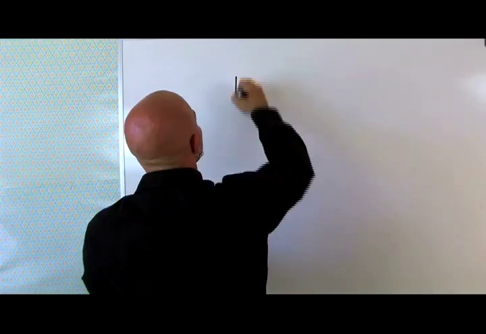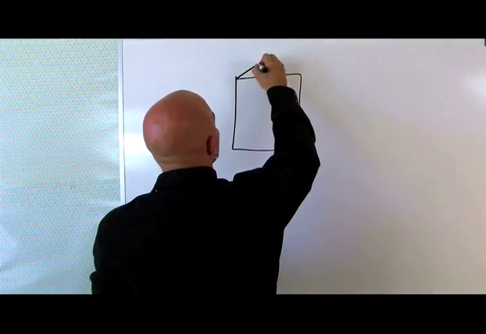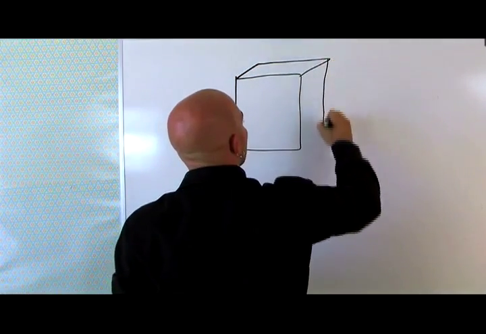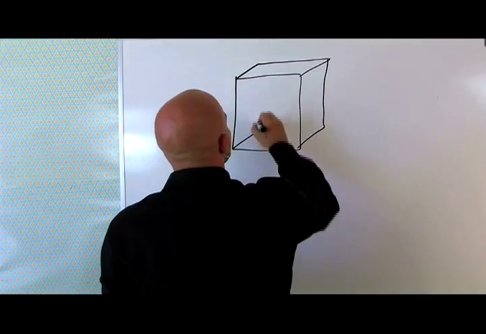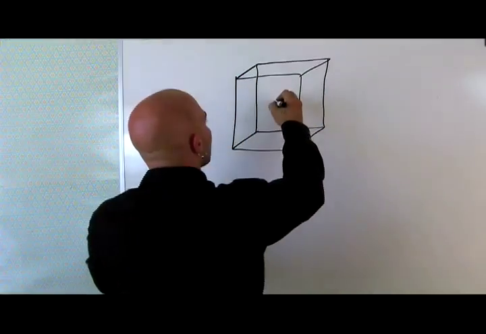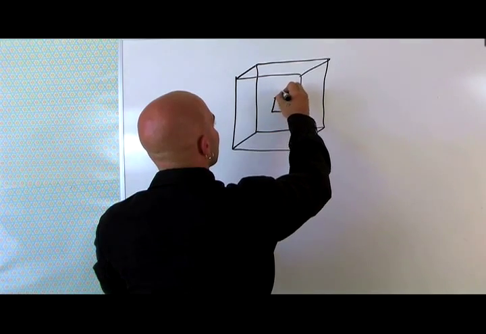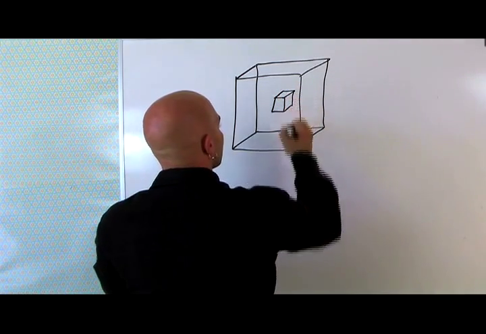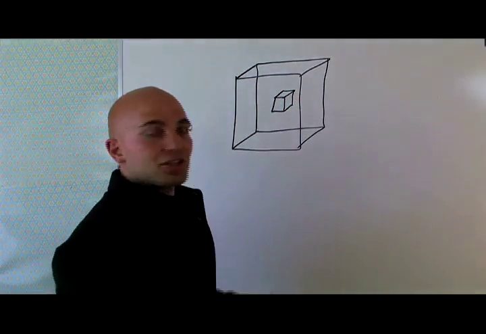The next part I want to show you is the cube. Basic building block to all life. Everything is stored within a cube. We have the capstone inside the cube.